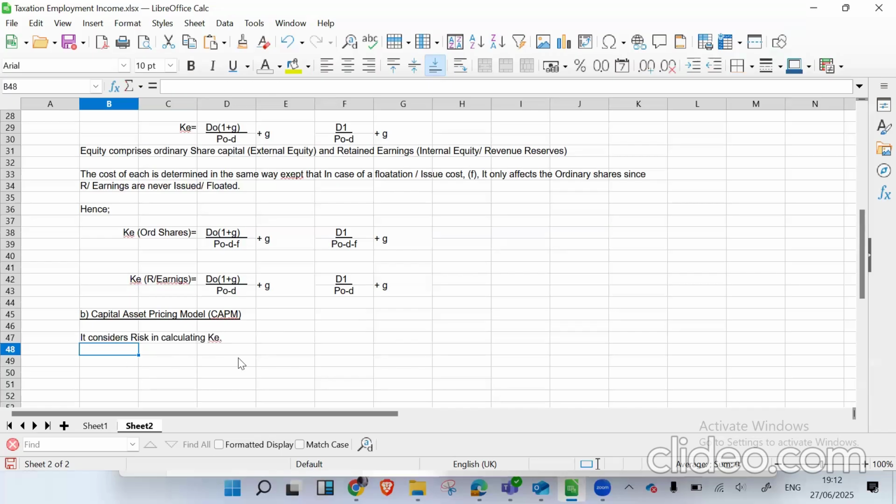Then you say, two types of risk will always affect a firm, i.e., number one, unsystematic risk.